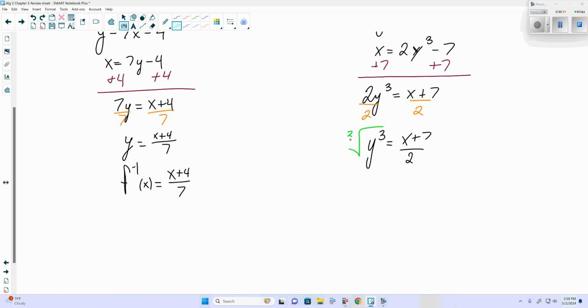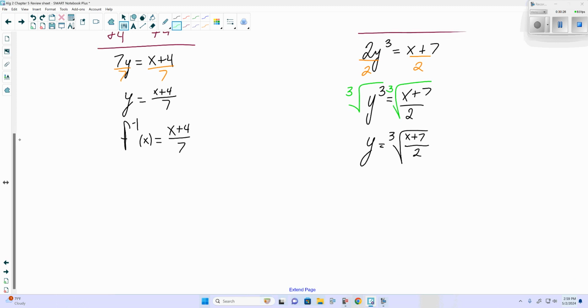We take the cube root of both sides. It tells us y is equal to the cube root of x plus 7 over 2.